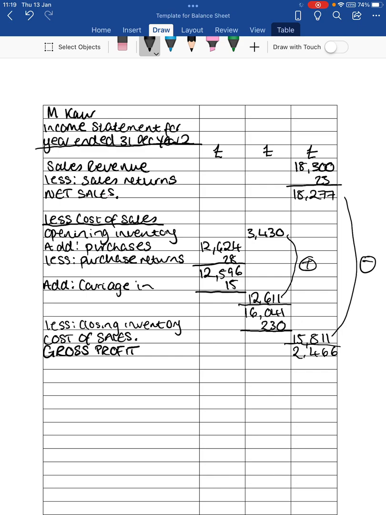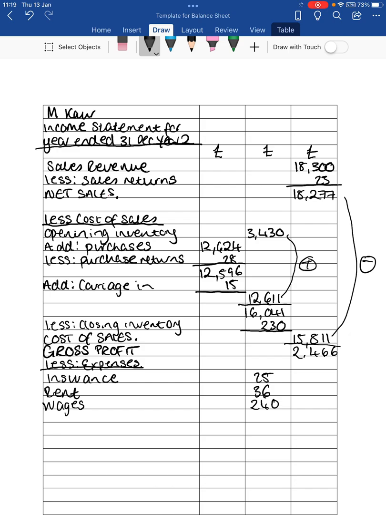So what I'm going to do is write less expenses and underline it because it's a heading. The first expense I'm going to put down is our insurance that was worth £25. We have rent that was worth £36. We have our wages that was worth £240.